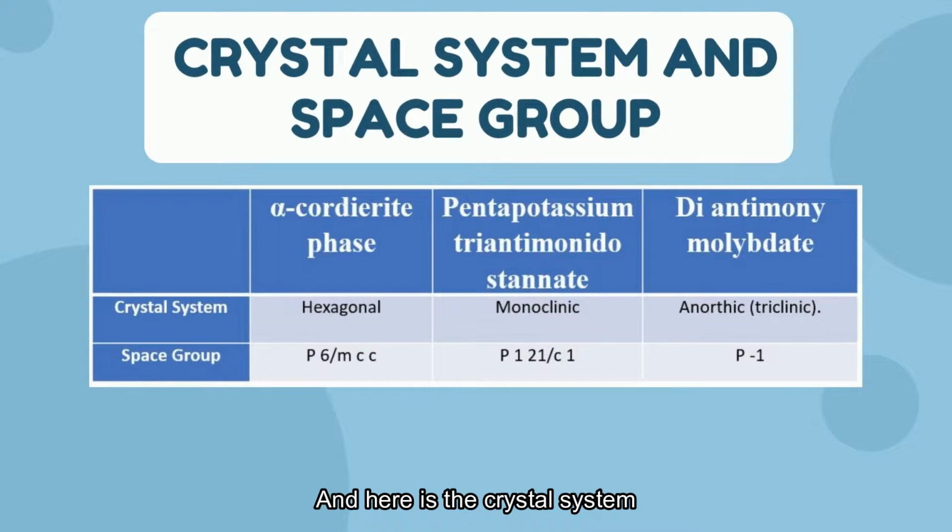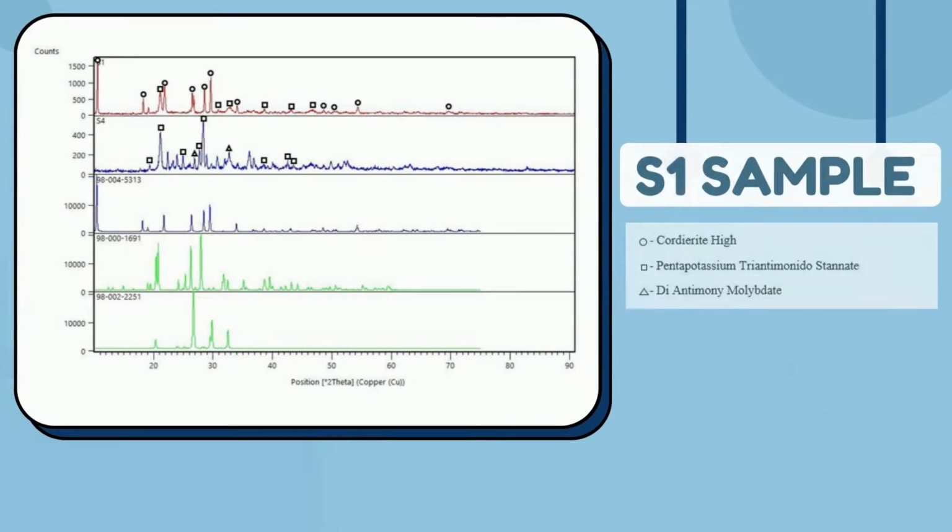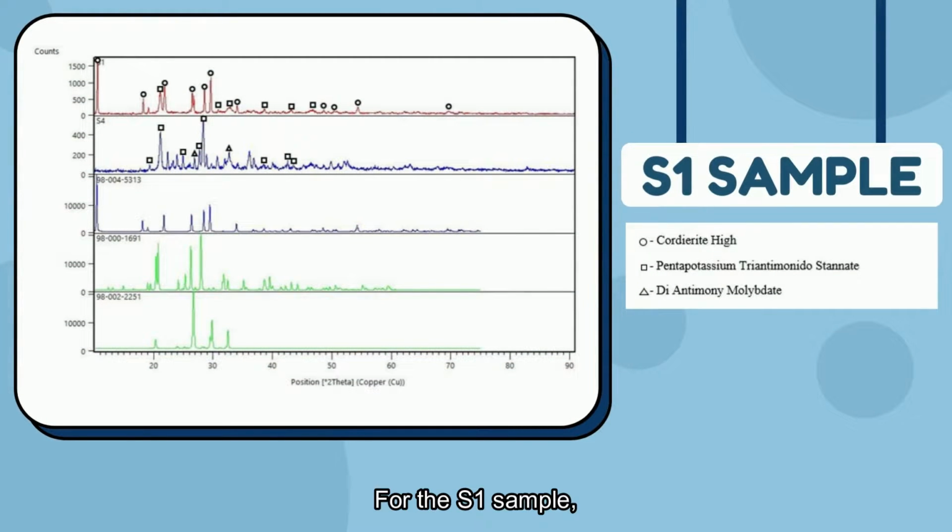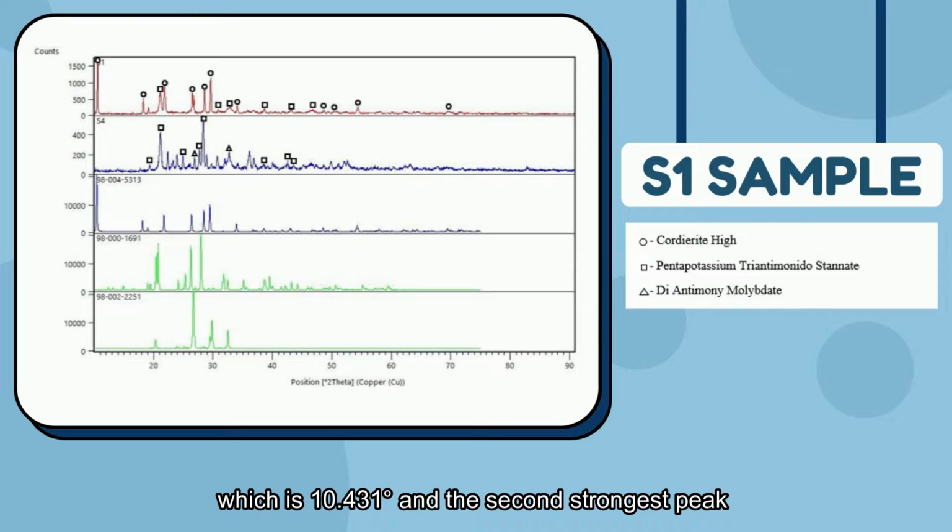And here is the crystal system and the space group that exist in the X-ray diffraction pattern. For the S1 sample, the cordierite has the strongest peak diffracted at plane 010, which is 10.431 degrees, and the second strongest peak is diffracted at plane 121 with 29.458 degrees due to the higher intensity at the first peak.